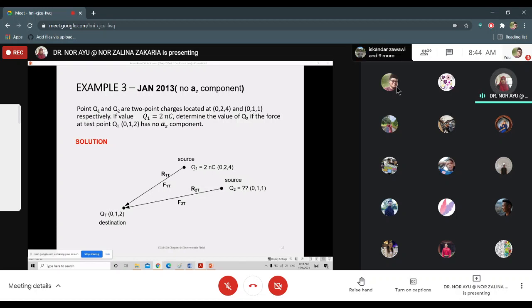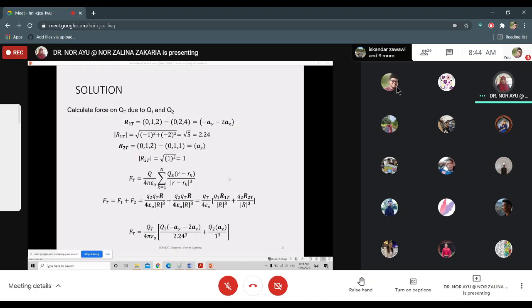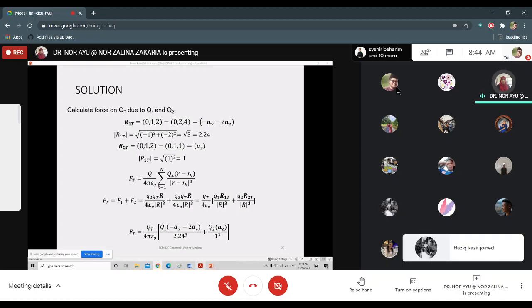You need to find F1t and also F2t, for both. So you need to find the distance vector first for R1t and then the magnitude of it, and you have the distance vector R2t and the magnitude of it.